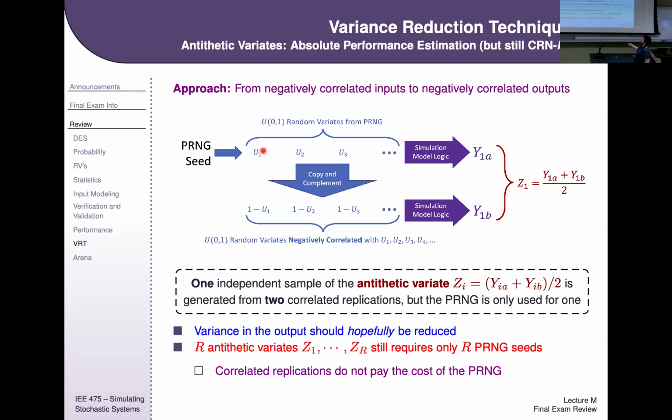These might be customers, these might be service times, or so on, but they run into one replication of your sim. And then for the second replication, you do those random numbers, which are all between 0 and 1, because they then go into inverse transform sampling and so on and so forth. You can then create a complementary pair. So you can do 1 minus those, and then those go in.